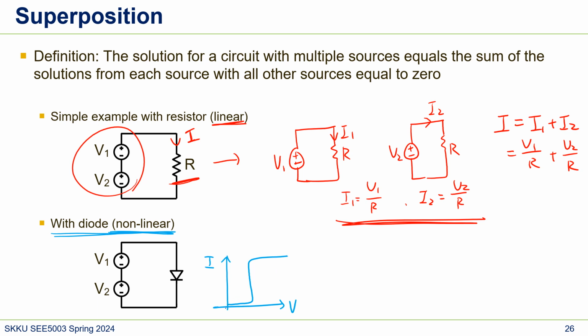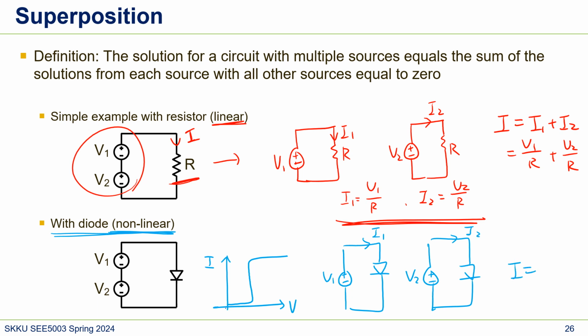In this case, we cannot make a superposition with V1 and V2. Here I1, I2, and the total I is not the sum, because this diode is not linear.